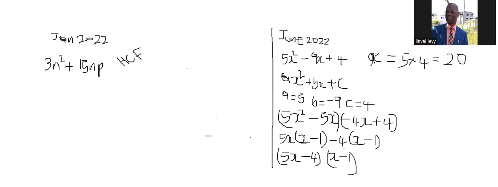Right, so this would be 3n. Notice we have 3, 3 can go into 15 5 times. Right, so 3 is a factor of 15, and n is also common, right? So we can take out 3n. That's the highest common factor.